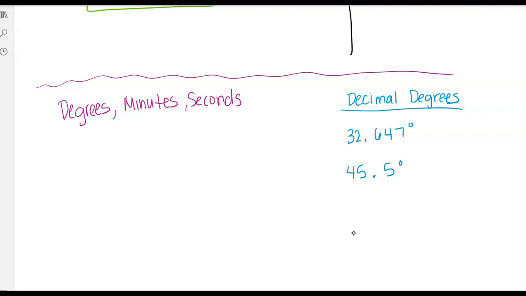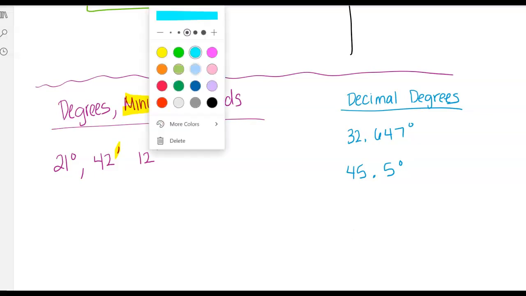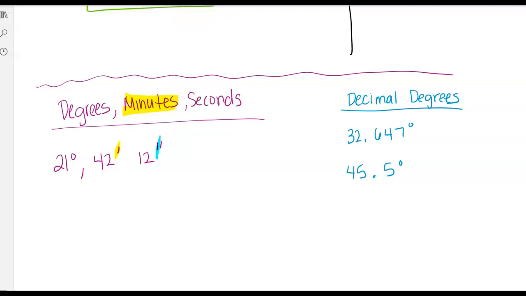The way that this traditionally is listed, though, is in degrees, minutes, seconds. So I might have something that said 21 degrees, 42 minutes, and 12 seconds. The first tick mark relates to minutes, and then the second, the double tick mark, relates to seconds.